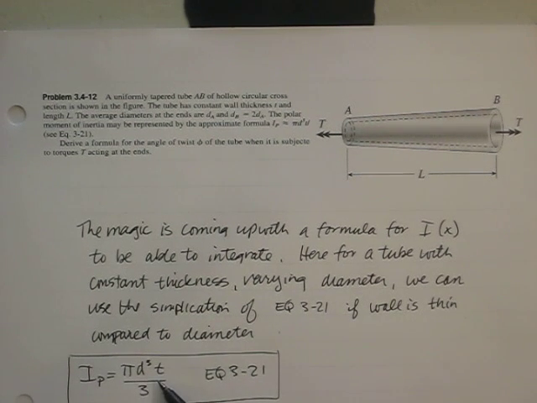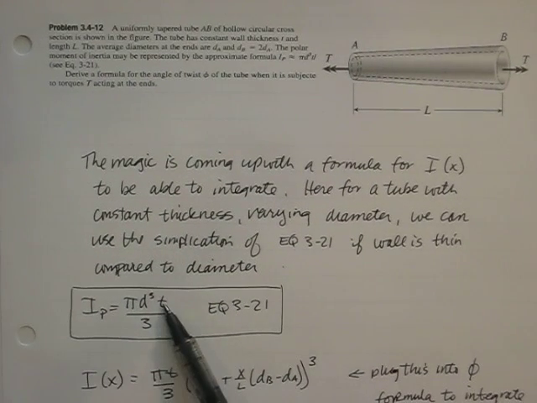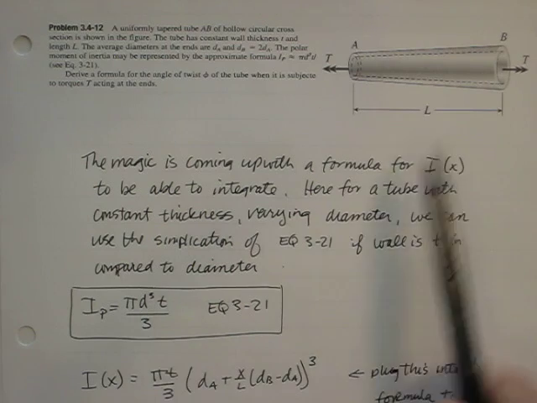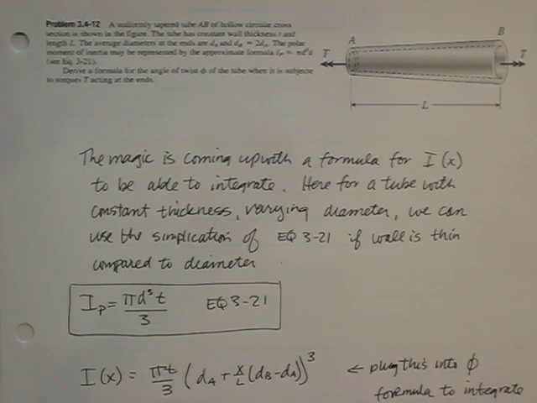But at any rate, because it's thin compared to the diameter, we can use this formula, and I can now say that because the thickness is given and the diameter is a function of the length, I can say that I as a function of x is equal to pi times t divided by 3. And then diameter is the function of x that we developed before. And I'm going to put that in that parenthesis, dA plus x over L, dB minus dA, parenthesis, and then cubed.